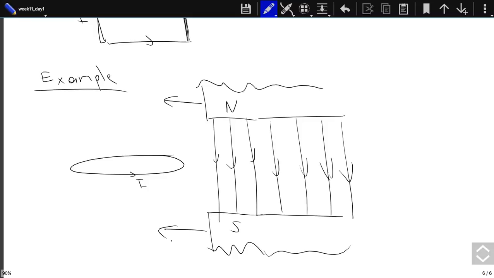So there will be an additional EMF created. Let's say this loop has some magnetic dipole moment already because there is a current. What's the direction of the magnetic dipole moment? It's in the upward direction. Then we bring this magnet. So will the magnetic dipole moment increase or decrease?